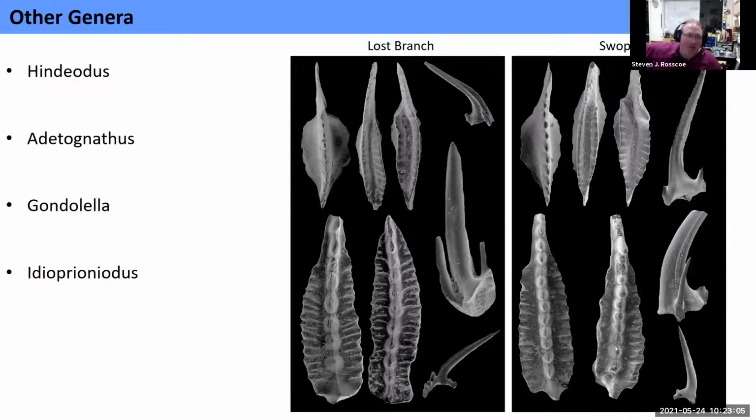The same goes for Adetonathus, which are the two middle photos, and the same really for your Idioprioniotis, which run down the right side. There is some variability in Gonduella. We do see more traditional Gonduella magna, the very crenulated version, in the Lost Branch, and Gonduella sublanceolata in the Swope cyclothem. But again, they only appear in these deeper water environments and are very much not useful for that scale of correlation that we're looking at.